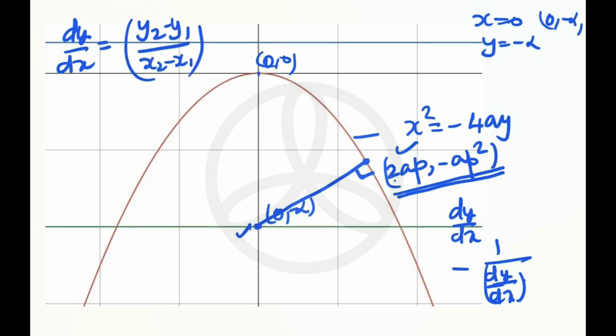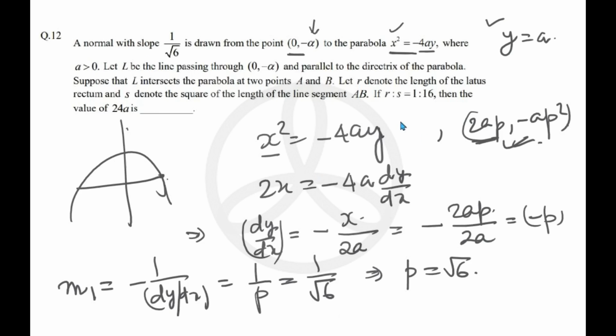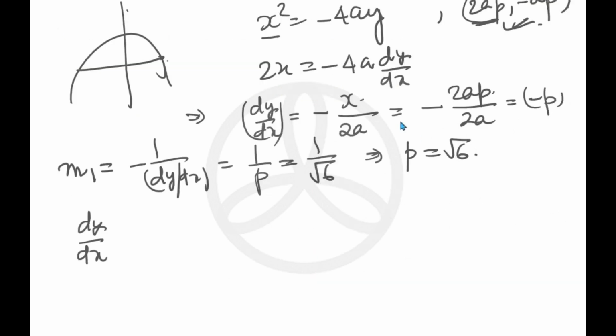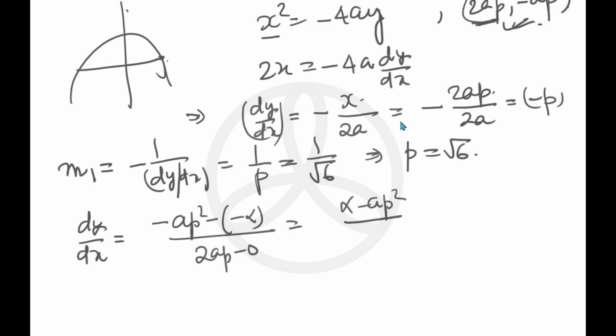I think this is the formula that we use. Therefore, the slope will become minus ap square minus minus alpha, divided by 2ap minus 0, or alpha minus ap square divided by 2ap.